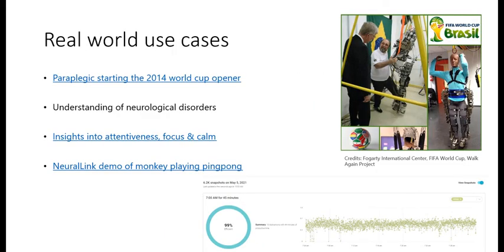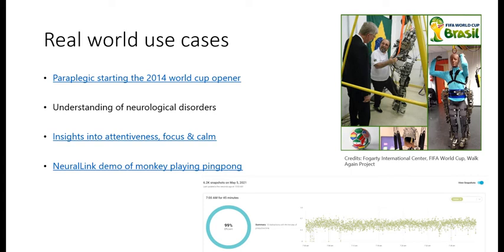And now I'll go into some real world use cases. I showed earlier the little monkey that was controlling the image on the screen itself. Way back in 2014, which is roughly 7 years ago, quite some time, they were able to get a paraplegic person to kick a football again with their legs at the World Cup opening.